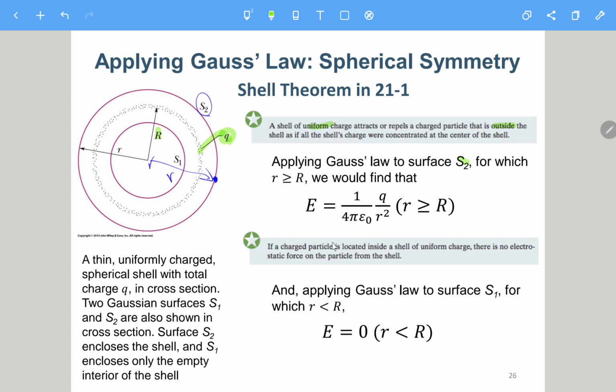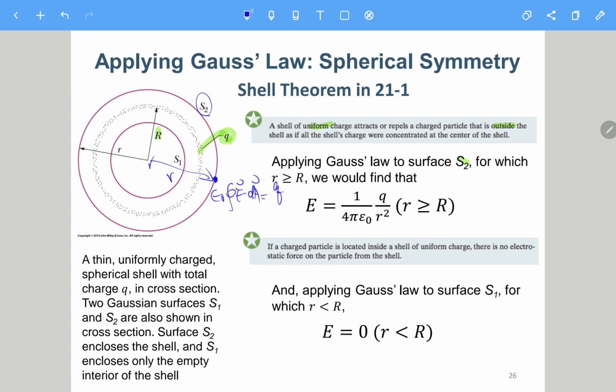Why? If we apply the Gauss law for this one, we have epsilon naught integral of E dot dA equals Q enclosed. Q enclosed is actually Q. Except Q, there is no other charge.